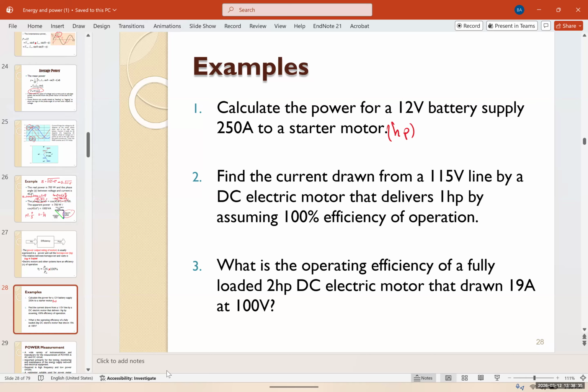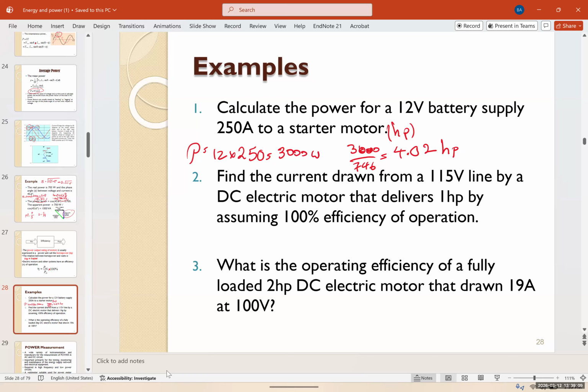So the total power VI is 12 times 250, which gives us 3,000 watts, or 3 kilowatts. If we divide 3,000 by 746, it gives us 4.02 horsepower.